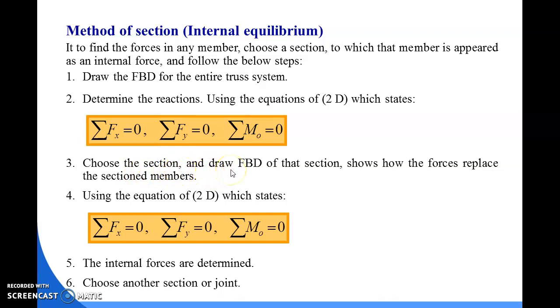Then draw the free body diagram of the section part and show how the forces replace the section member. Then we put the equations of 2D: summation of Fx, summation of Fy, and also moment. Then we determine the internal forces and repeat this procedure until all the forces are determined.